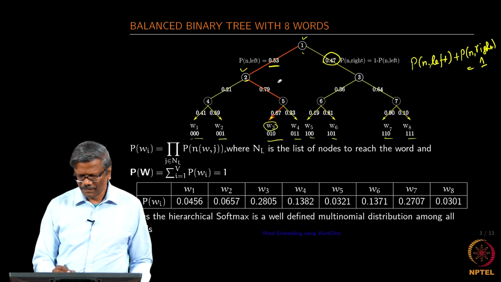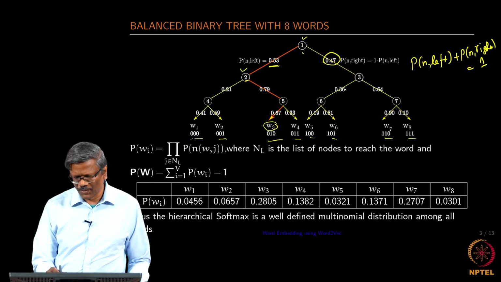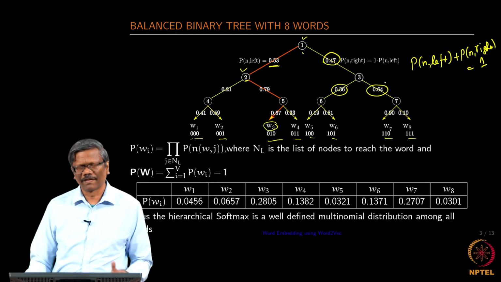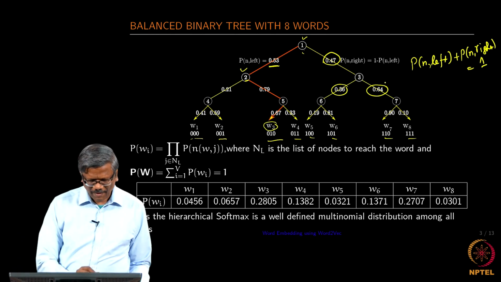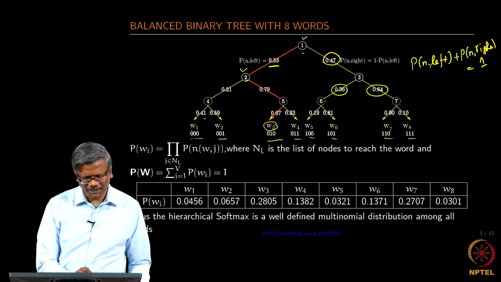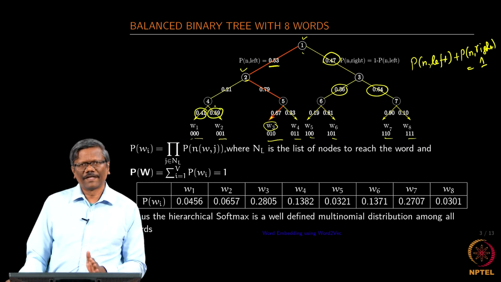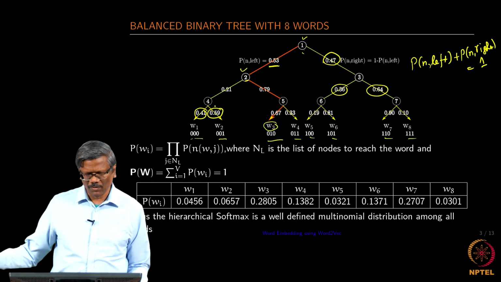All right. So, if you start doing all of this to the left node starting from the root and then to the right, at the end we will arrive at some values for each of those. Again, the left and the right should add up to 1 in all those cases.